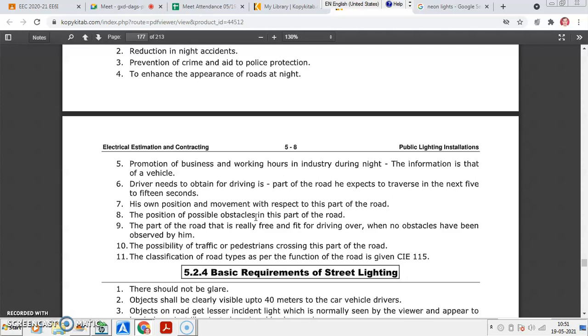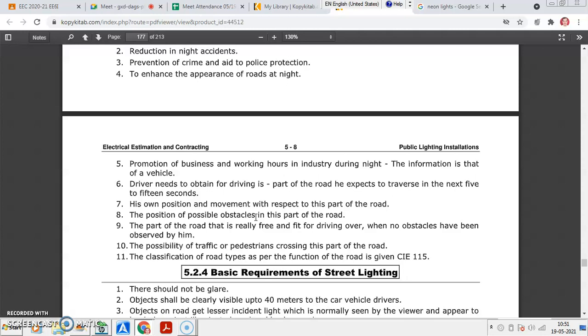The driver needs to know his own position and movement with respect to the path of the road, the position of possible obstacles in the path of the road, and the part of the road that is really free and fit for driving over when no obstacles were there.